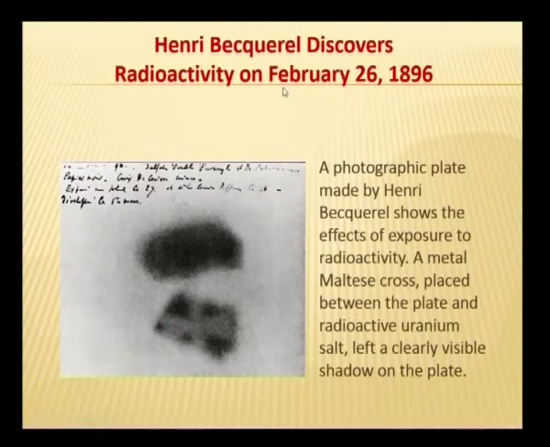On February 26 of 1896, Becquerel observed certain images on a photographic plate. Here comes the story. A photographic plate made by Henry Becquerel shows the effects of exposure to radioactivity. This is coming from radioactivity. A metal Maltese cross placed between the plate and radioactive uranium salt left a clearly visible shadow on the plate.